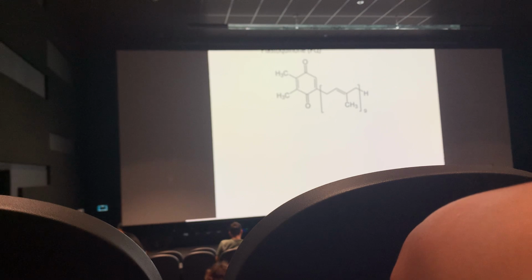But this is plastoquinone. And so plastoquinone A and plastoquinone B have this structure. The only difference is one is bound by a protein and the other is free to move in the membrane.